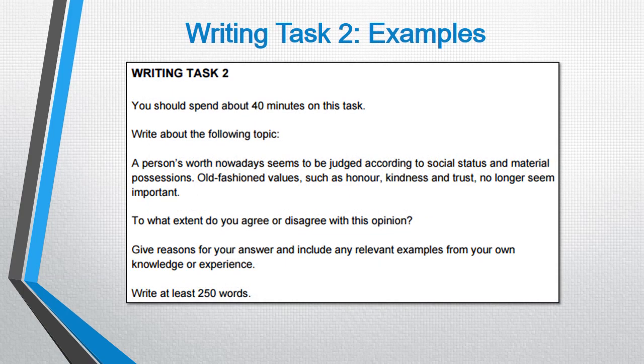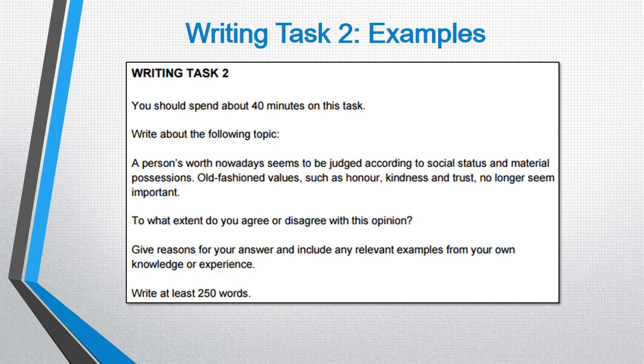This question is from the academic paper, and as you can see, there's not a great deal different apart from the actual wording in the question compared to the general questions. A person's worth nowadays seems to be judged according to social status and material possessions.